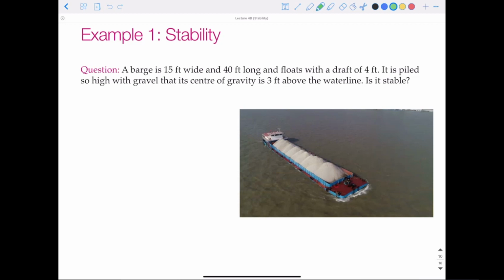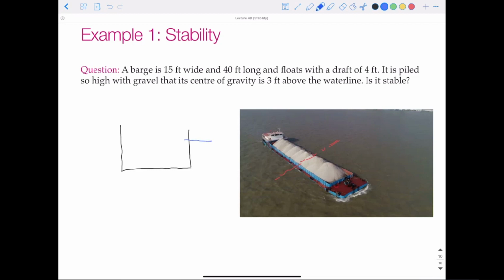So let's first draw a diagram of what this looks like. So we have a barge. Let's look at the cross section somewhere in the middle. So let's do a cross section here. So it doesn't tell us much information about our shape. Let's assume that it's just rectangular.